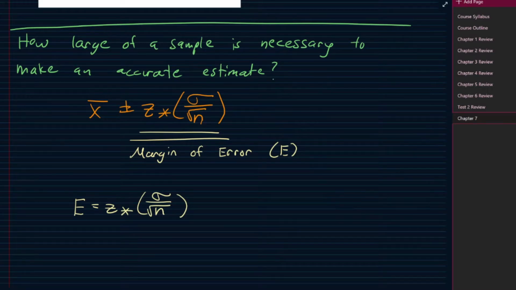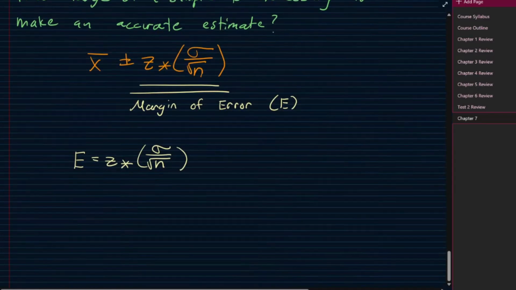If we're looking for how big of a sample size is necessary, we can solve this for n, and that will give us our answer. That will tell us how big of a sample size is necessary given some margin of error.